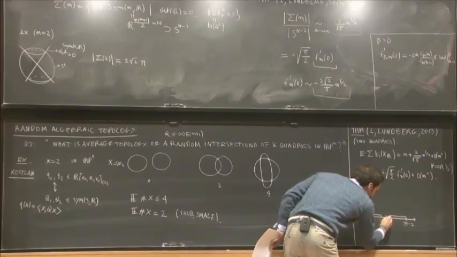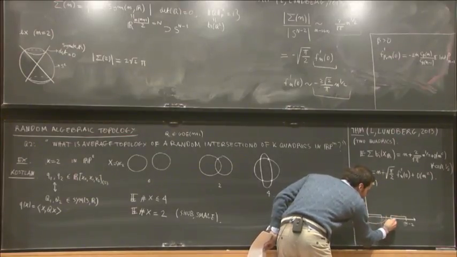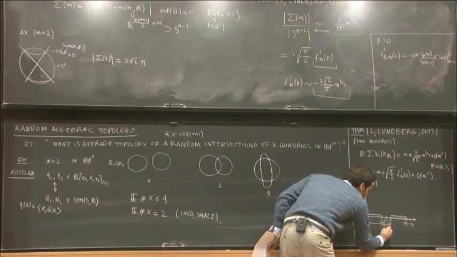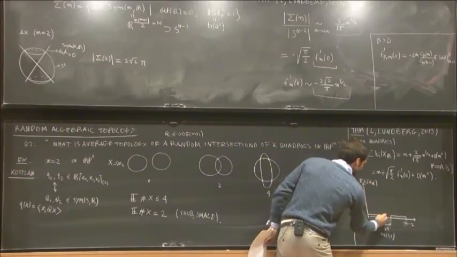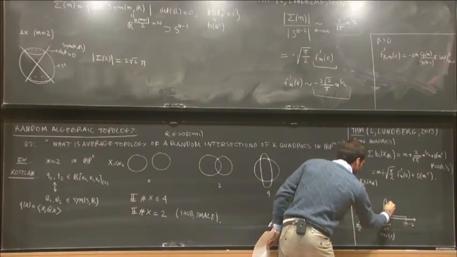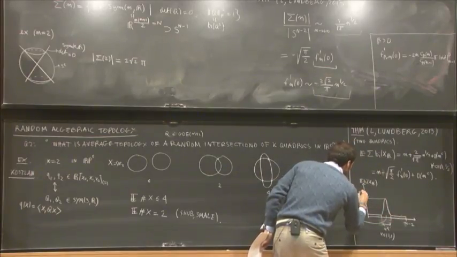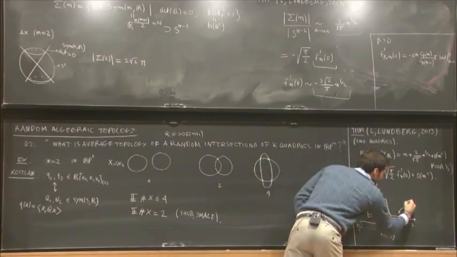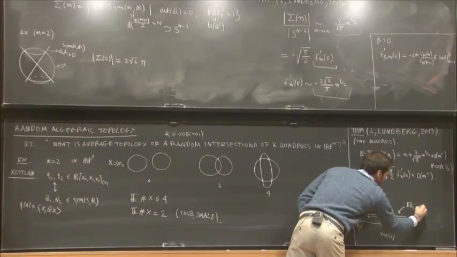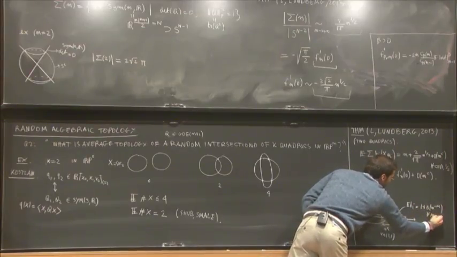This is the midpoint, and there I take a neighborhood of size n to the alpha for every alpha in (0, 1). Here I get a peak, and the order of the peaking is n to the 1/2. And here is 1. So the expectation of bi here is 1 plus big O of n to the minus m for every m bigger than 0.